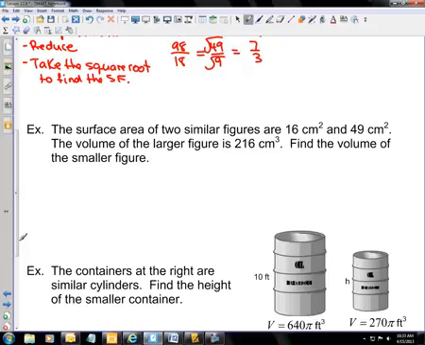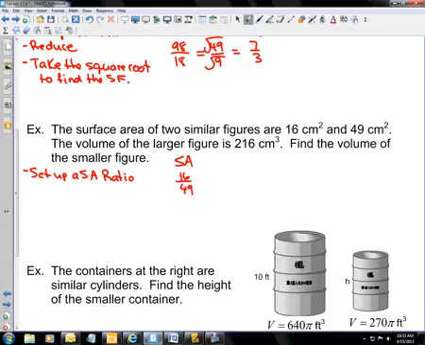So I have to take the surface areas and break them down to find the scale factor, then cube it back up to set up a proportion to find the volume. First, I set up a surface area ratio. Here it is: 16 to 49.